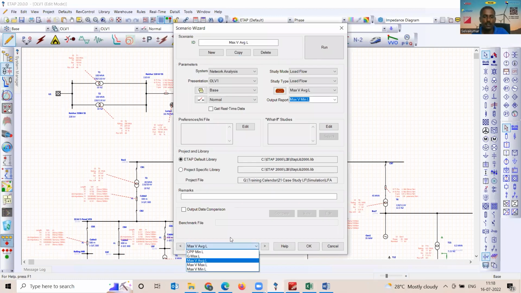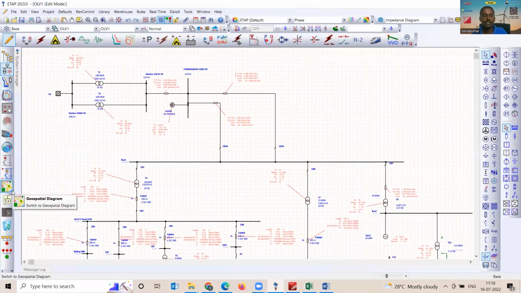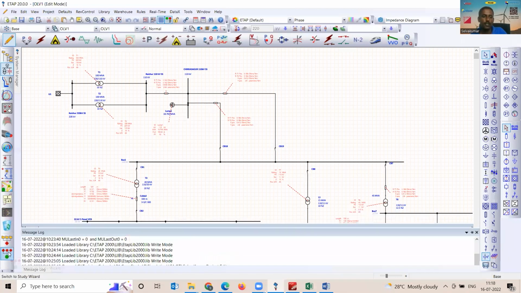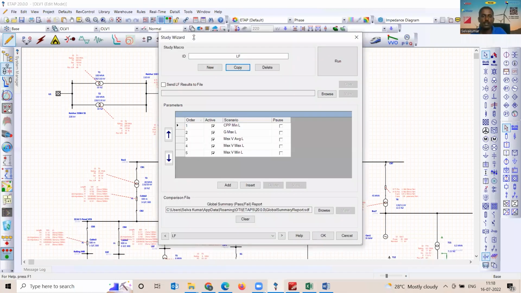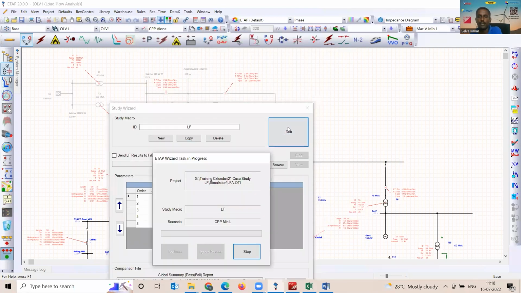We have framed all these possible configurations and are able to optimize this in a single click, irrespective of parameter changes in the future, using the study wizard. With a single click, all the cases you have framed will run and give the results.